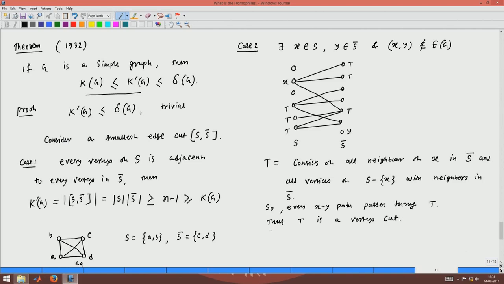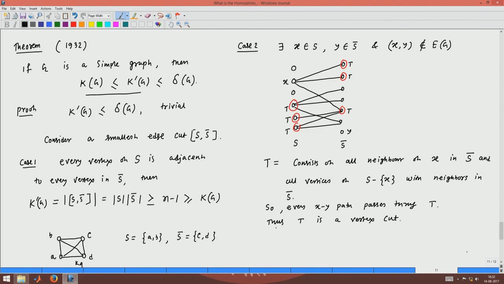Now, we want to show that if you remove these vertices from the graph, there will be no path between x and y. So, you have to remove basically 6 vertices, and now what you do is that corresponding to every vertex you choose an edge.